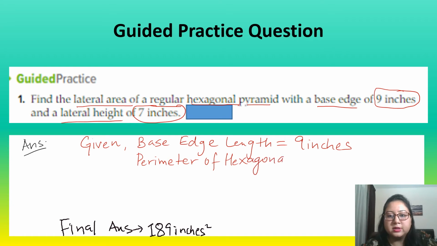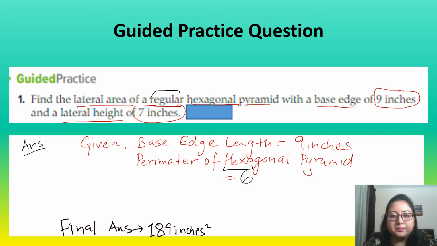So think about a hexagonal pyramid. How many edges is it going to have? Think about it, and I'm sure you will agree that hexa means 6, so it is going to have 6 equal edges, being a regular pyramid. So 6 times the length of each side, if I take it as S, is the formula to find the perimeter.